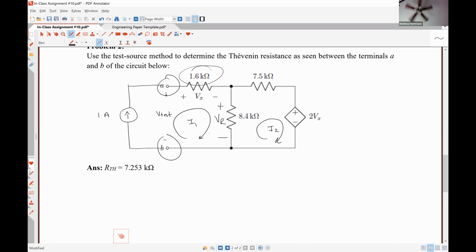You could also have chosen to do nodal analysis instead of mesh analysis. There's no wrong way to work these problems. Just do whatever you're comfortable with.